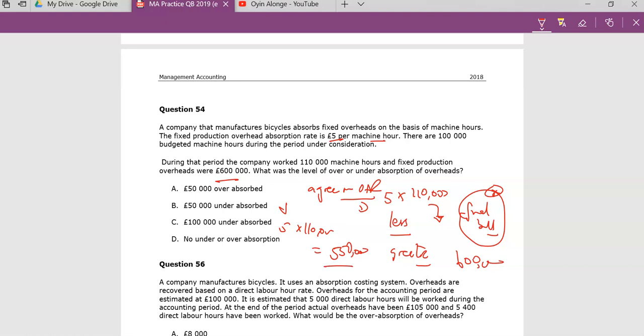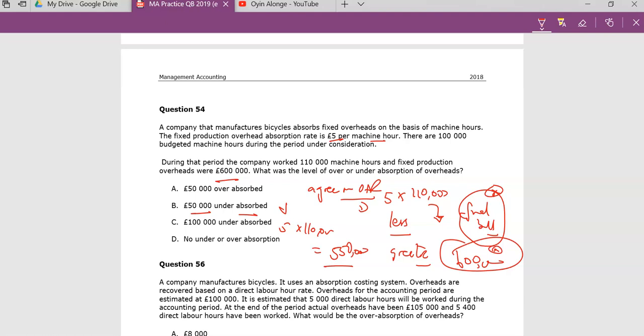You need to top it up. So you will end up putting through a journal to increase this expense to 600,000. So currently you are 50,000 under-absorbed. That is your situation, right? You haven't put enough into your account. You need to top it up to arrive at the actual figure of 600,000.